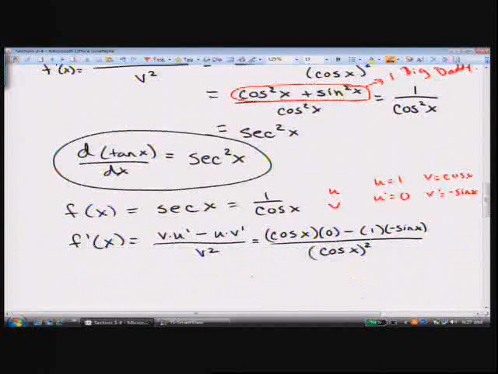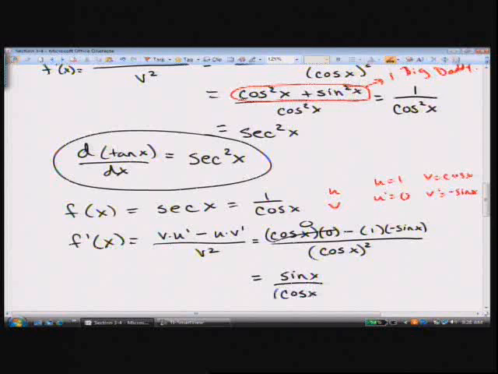All right, now this cleans up. That's 0. This is going to be sine x over cosine x squared, which will be sine x over cosine x times 1 over cosine x, right?